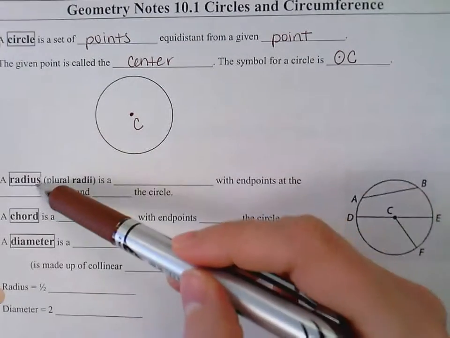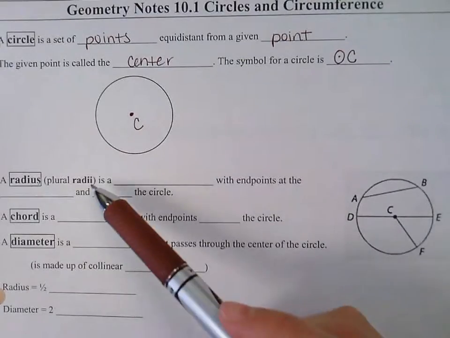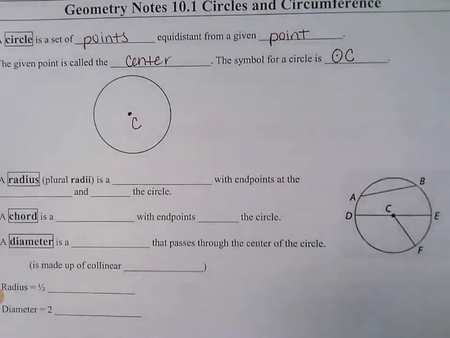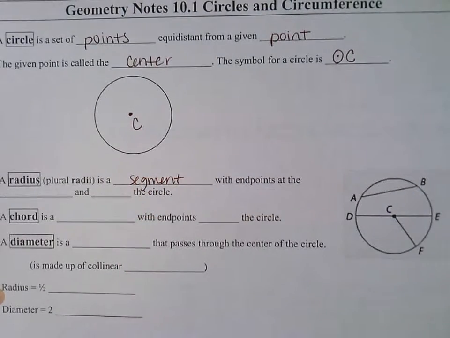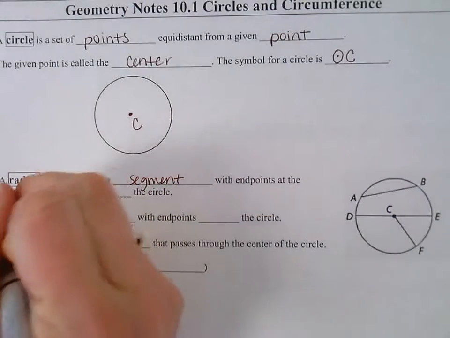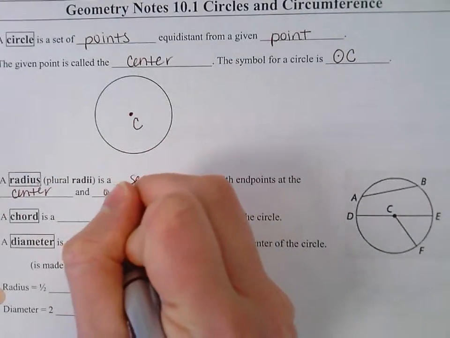Then the radius, or the plural of radius, we don't say radiuses, we say radii, is a segment with endpoints at, so one endpoint is at the center and the other endpoint is on the circle.